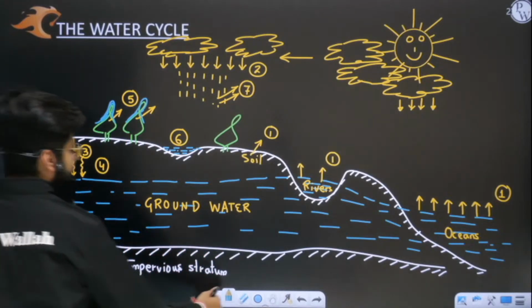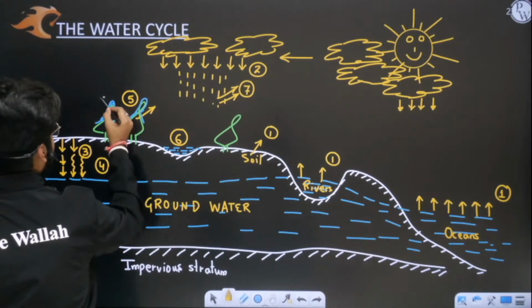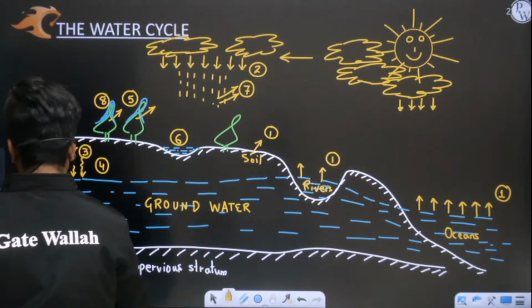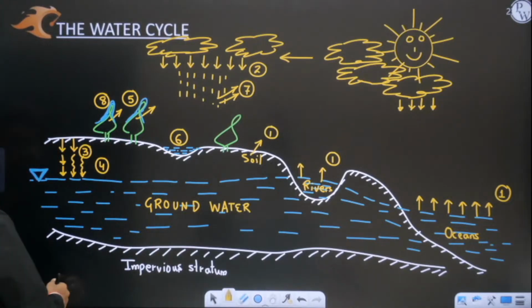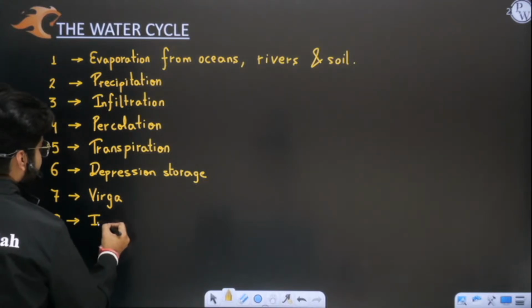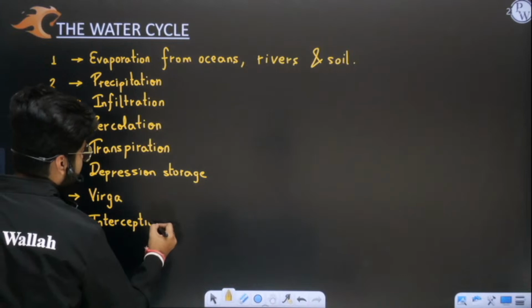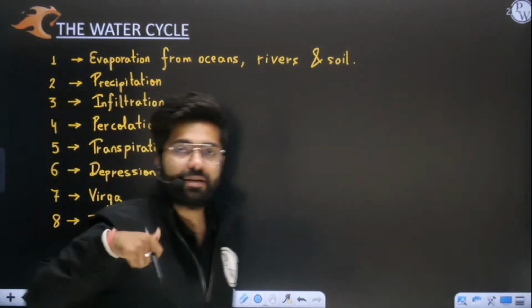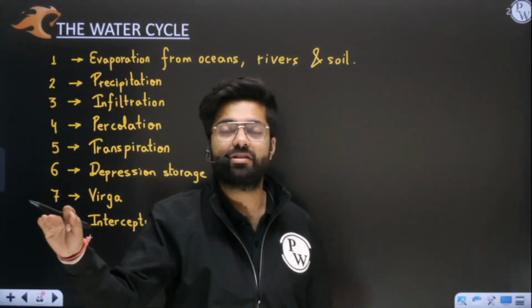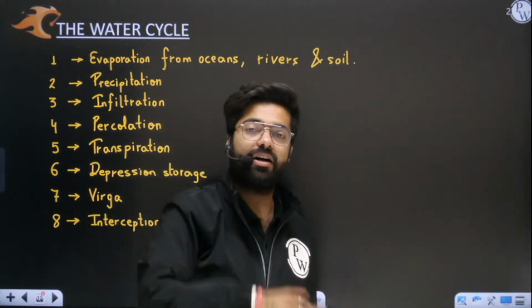We have different components which can intercept this water. We will number it, number 8. This is nothing but your interception. Interception simply means the water which is intercepted by these obstructions and has not reached the earth's surface.